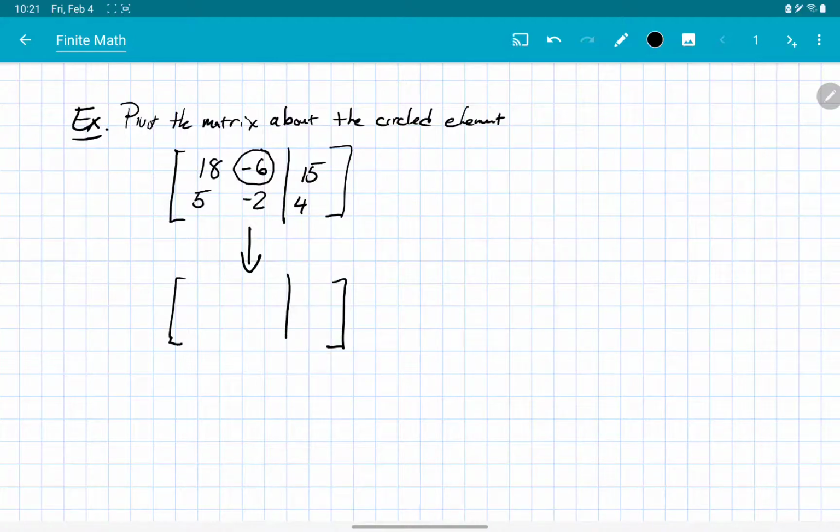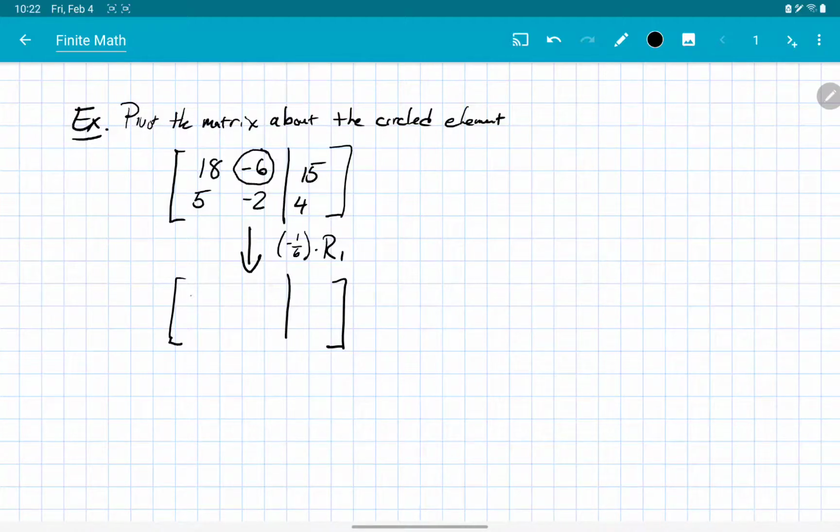Jack. Multiply the first row by -1/6. Okay, so we need to turn that -6 into 1, and the legal way to do that with Gauss-Jordan elimination is, as Jack said, to multiply that first row times -1/6. So it's going to be -1/6 times row 1, which is the same as dividing row 1 by -6. Right?